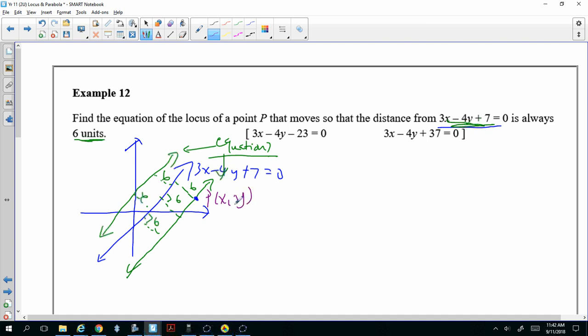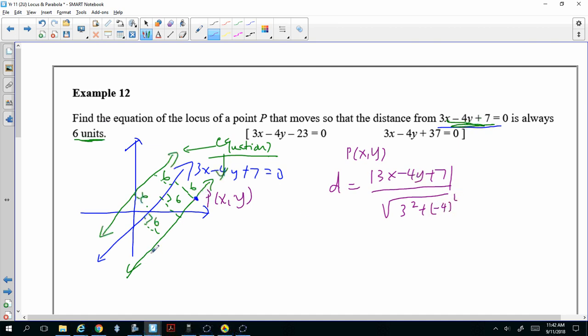So you go absolute value of 3x minus 4y plus 7 over the square root of 3 squared plus negative 4 squared. P is this one on the green line. That distance from this line is 6, and that is 6, right?